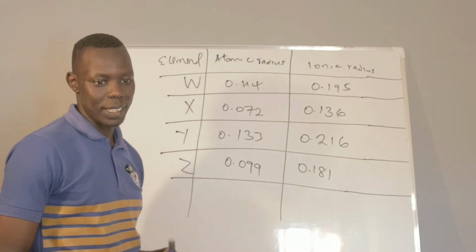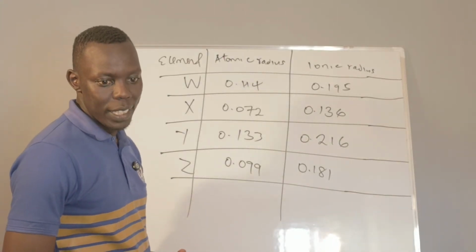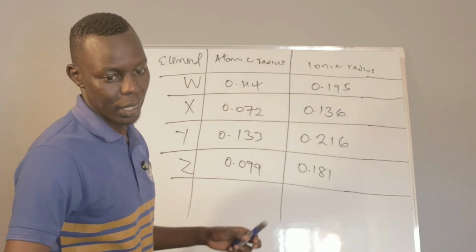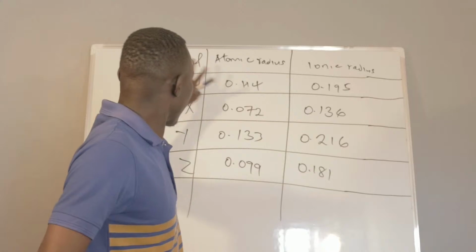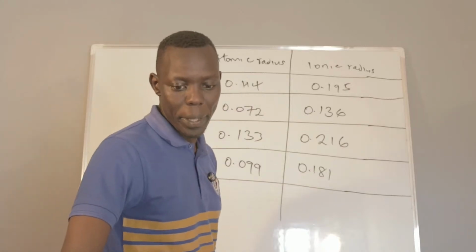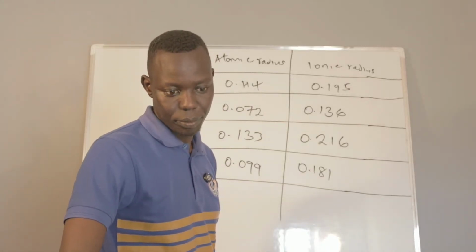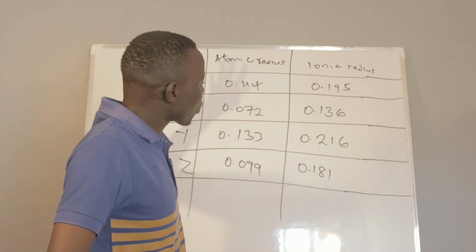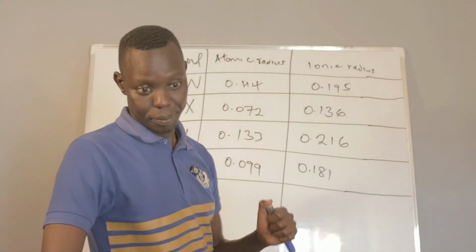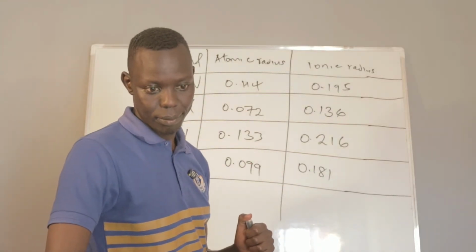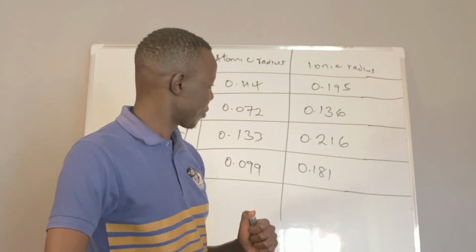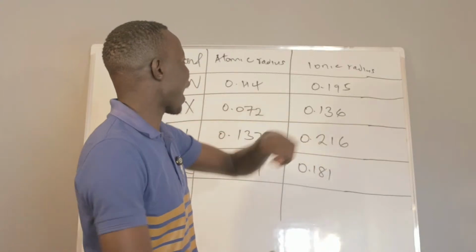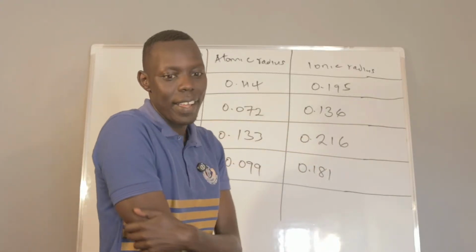So the first question is this. Would this form part of the metallic or non-metallic group? Explain. I want someone to tell me, these W, X, Y and Z, is it for metals or non-metals? The concept here is it has a larger ionic radius than the atomic radius.